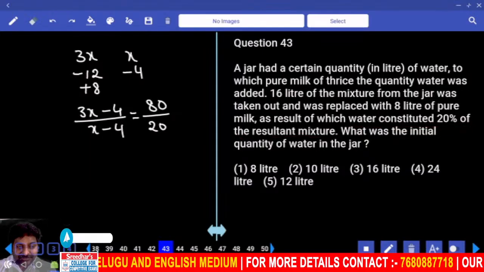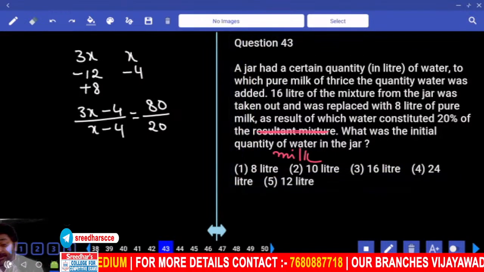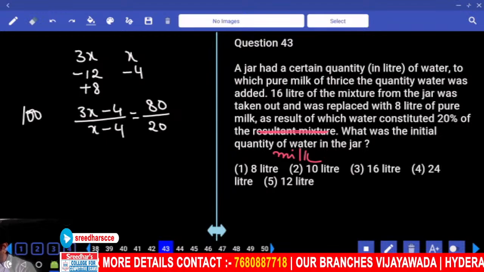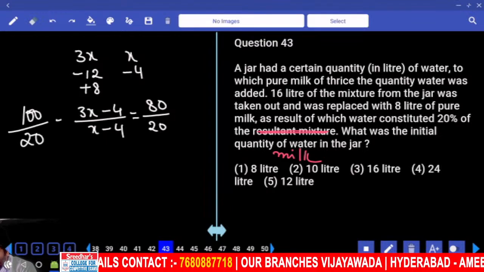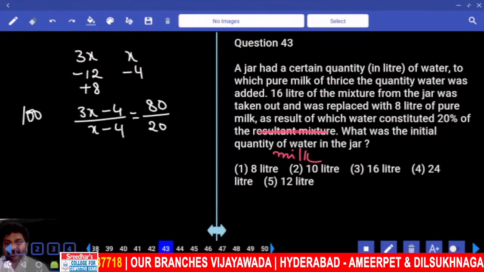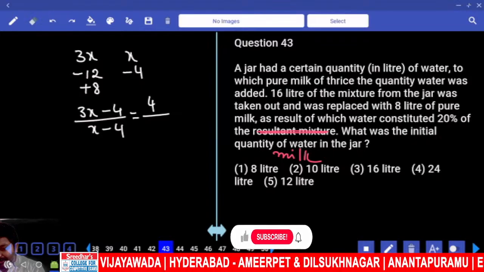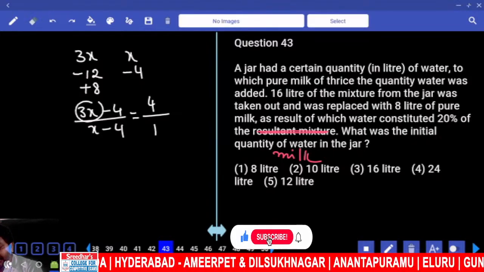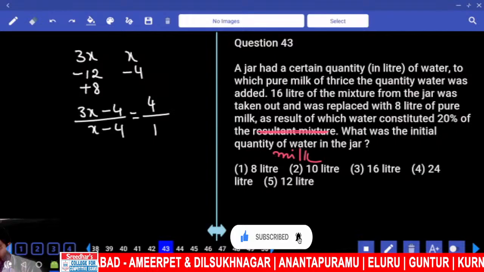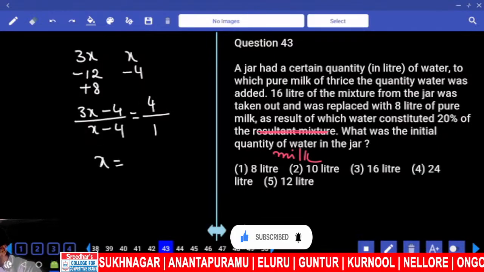If in place of the resultant mixture you have milk, then you should take milk as 100 and water as 20. This is the ratio. Both are different. Be careful. So now 80-20, can I write it as 4/1? For simplification, 4/1. 3x into 1, 4 into x. Difference. That is the final answer, right?